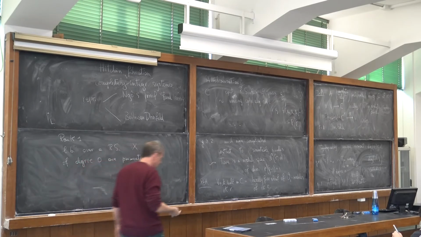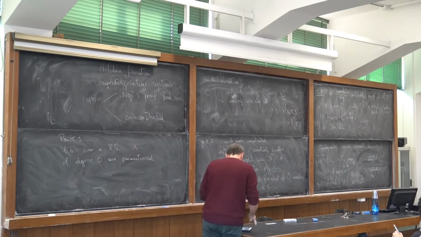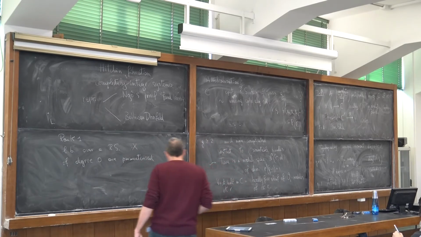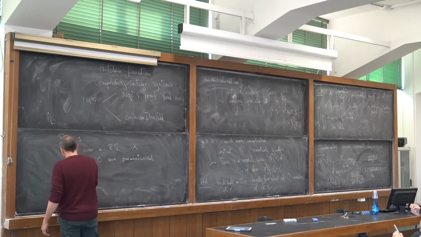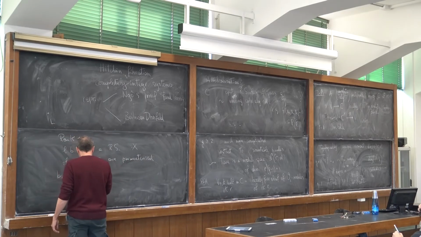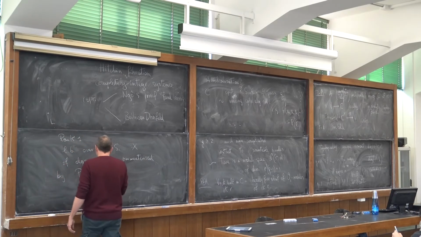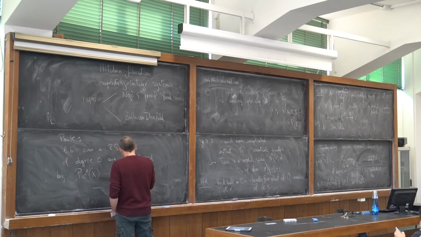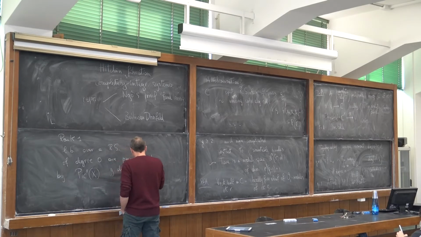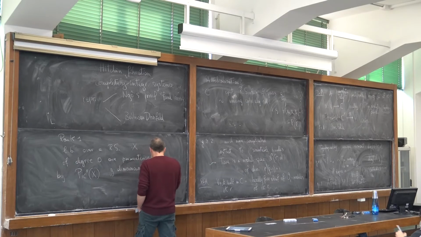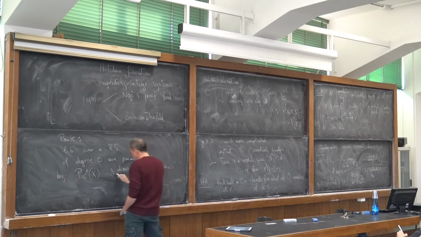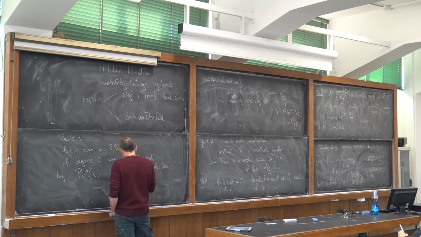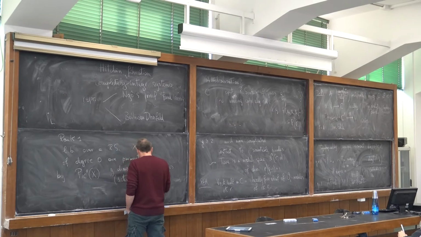I mean, if you want to say what is the universal property, you have to suffer a bit, by this object Pic^0(X), which is a g-dimensional complex torus, actually more than a complex torus, an abelian variety.